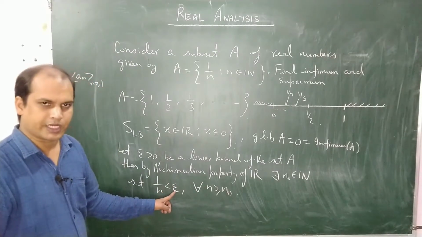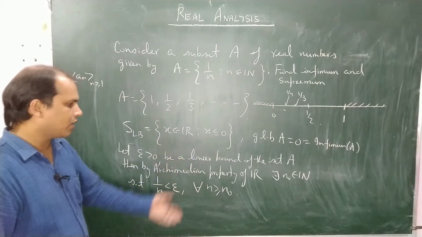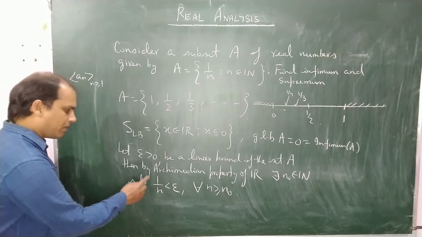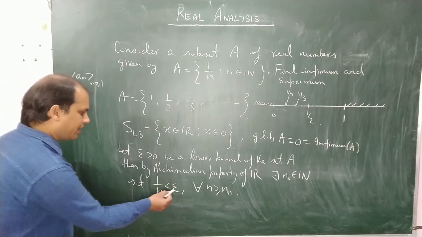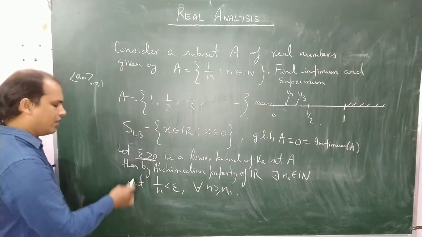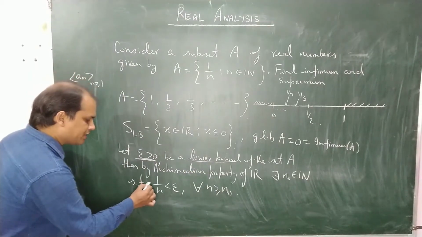This I have already explained, but let me recall it once again. From the Archimedean property of R, whenever epsilon is greater than 0, if we claim that it is a lower bound, then what will happen in between 0 and 1 by n?